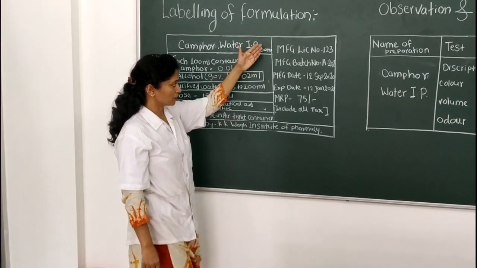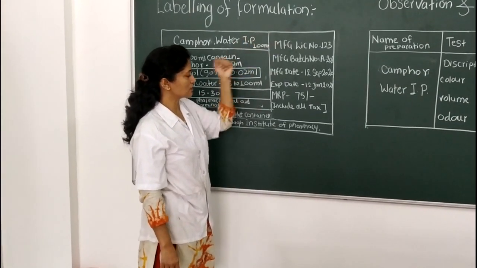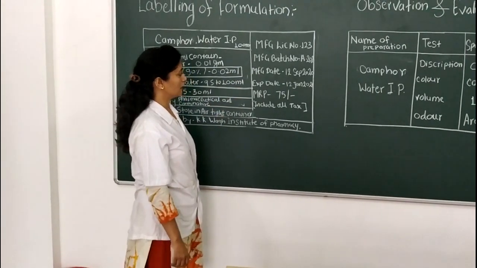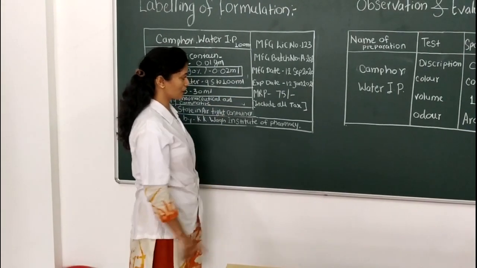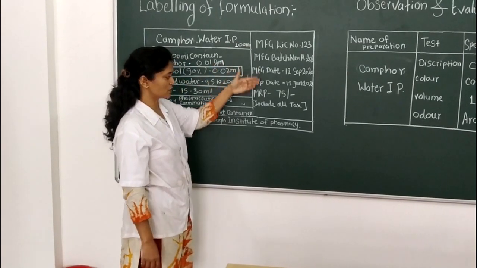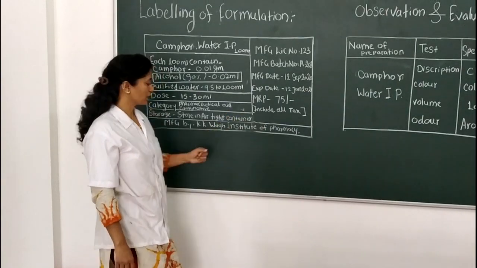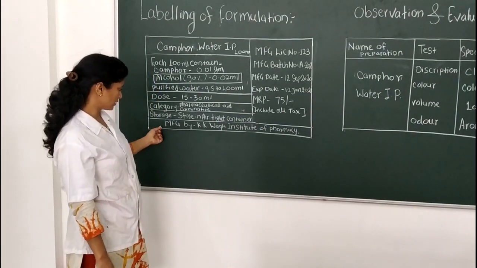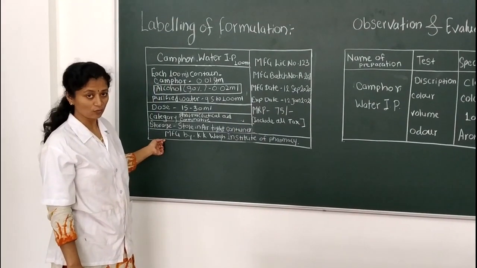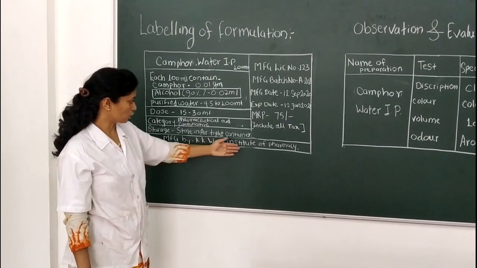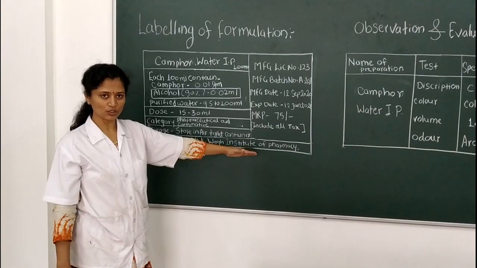Then there are the manufacturing license number, batch number, manufacturing date, expiry date, and MRP. All these specifications are regarding the preparation. The last part contains the manufacturer's name, that is, manufactured by the student's college name.